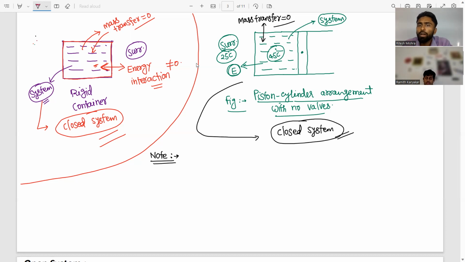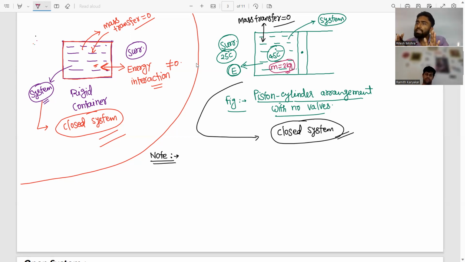Let's look at this piston cylinder arrangement example. Here assume mass is 2 kg. Does this mass change? No, because no new mass is entering and no mass is leaving.